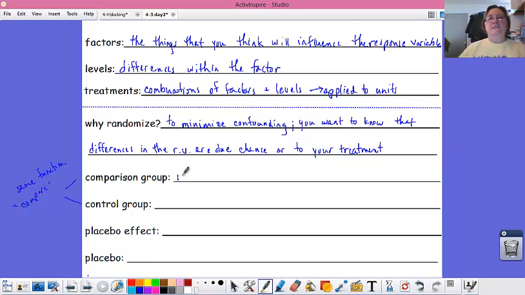Comparison group receives the standard treatment or the current treatment, while the experimental group gets the new treatment. If somebody was trying to design a new headache medication, the comparison group would get Tylenol, and the experimental group would get the new medication.